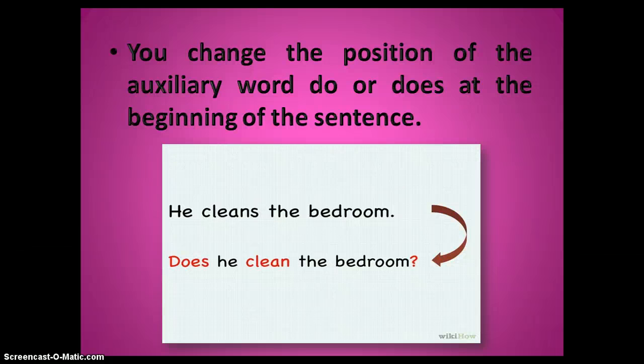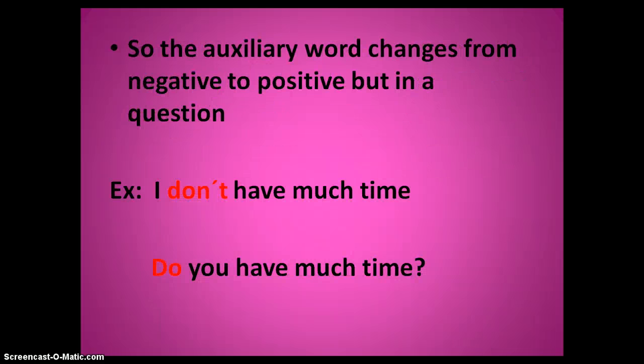You are going to put the auxiliary word at the beginning of the sentence. Does he clean the bedroom? And in a question, you don't have to use S in the verb. Only in affirmative structures or sentences. The auxiliary word changes from negative to positive, but in a question.